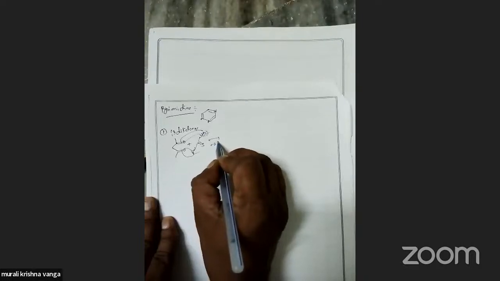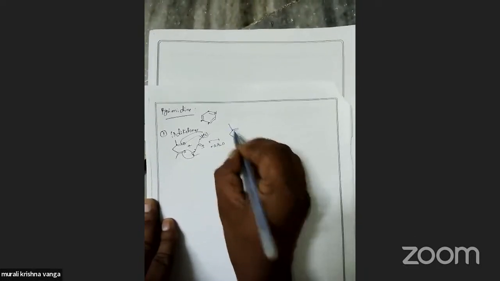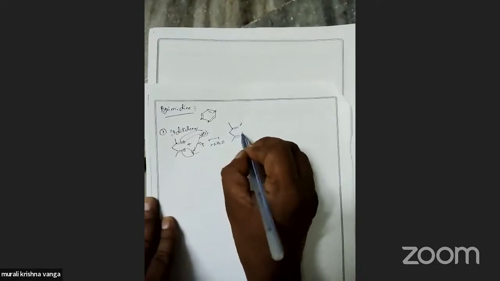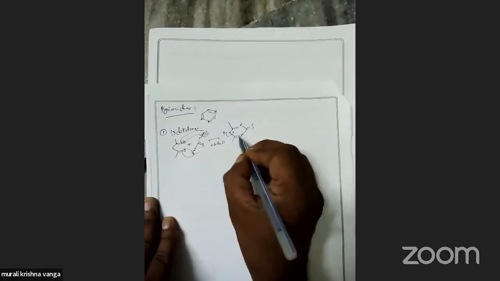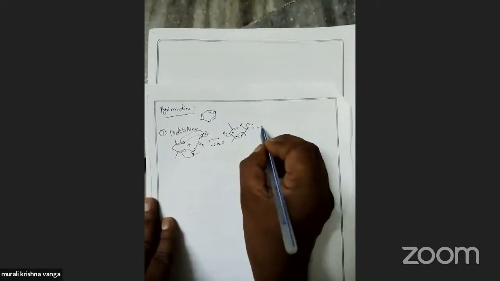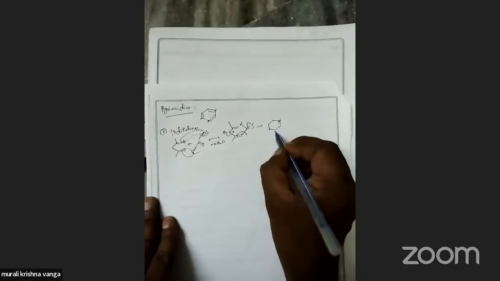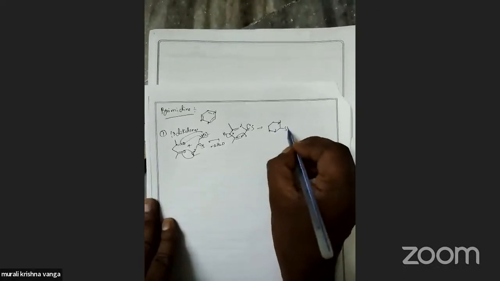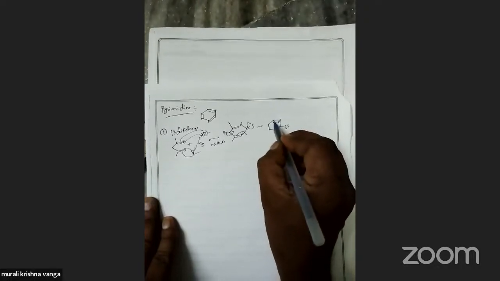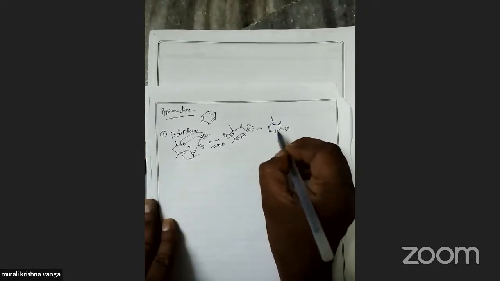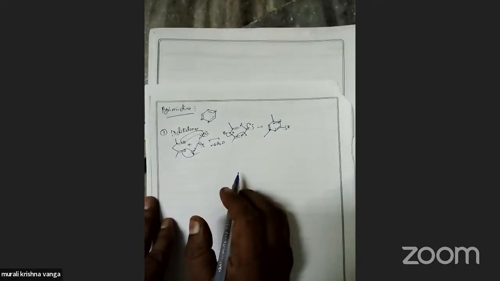Here a hydrogen undergoes displacement, shifting onto the sulfur atom. Therefore the product is formed.